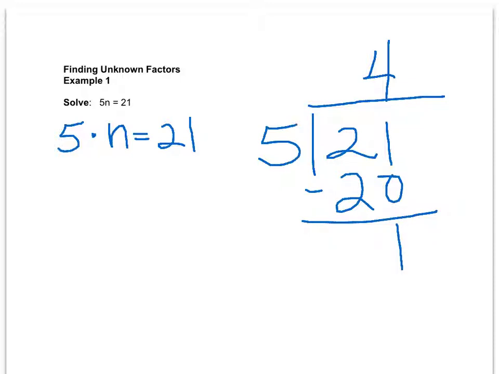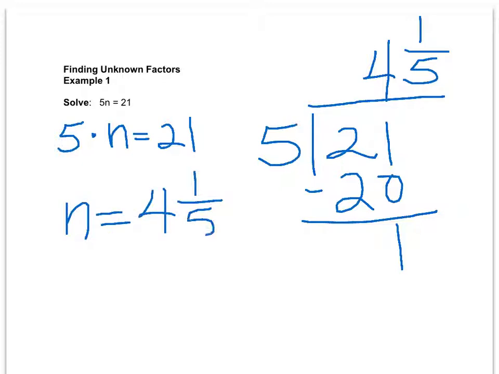All right, we do have a remainder, and since there are no decimals in this problem, we're going to write the remainder as a fraction. So our answer is 4 1/5. So if we come back to our original problem, n equals 4 1/5.